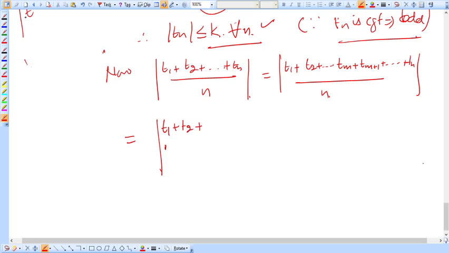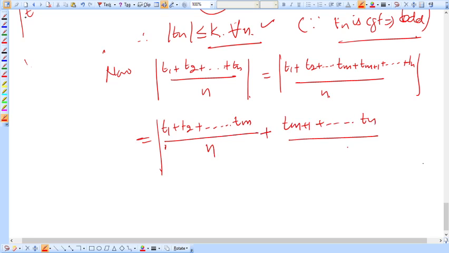Further, this is equal to t1 plus t2, let me first write equal, simply. So it is equal to t1 plus t2 up to so on, I'm going to separate this and this, divided by n plus tm plus 1 up to so on tn divided by n, right?